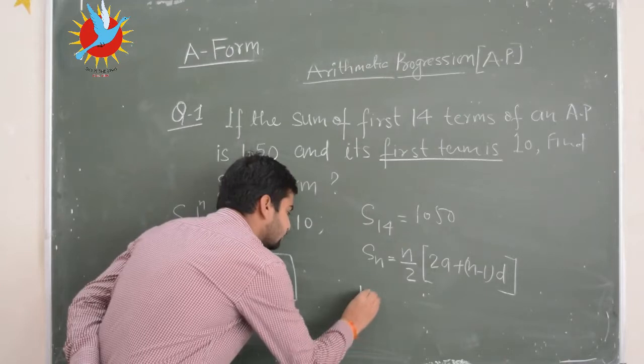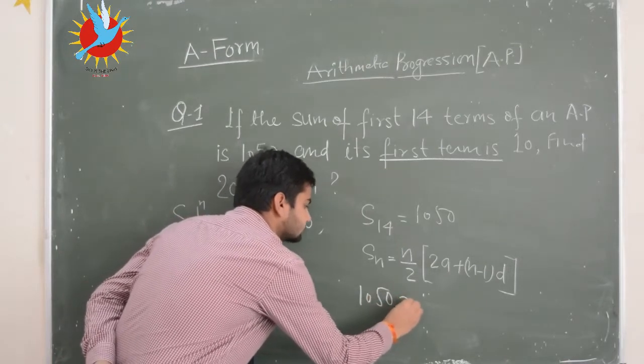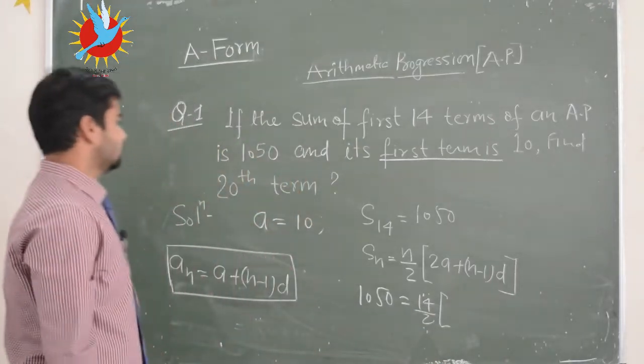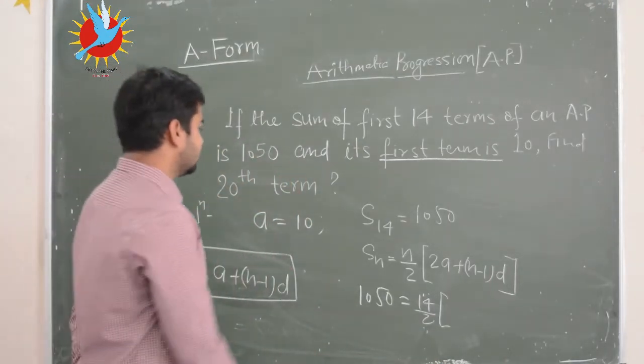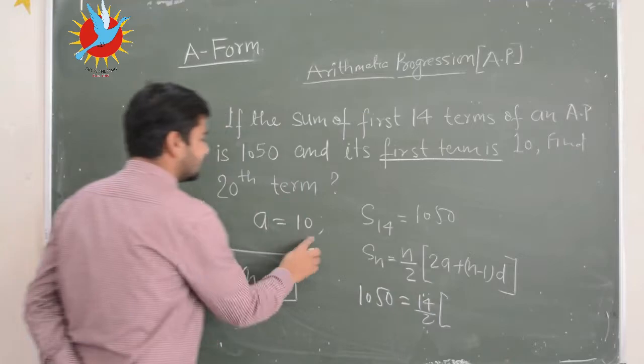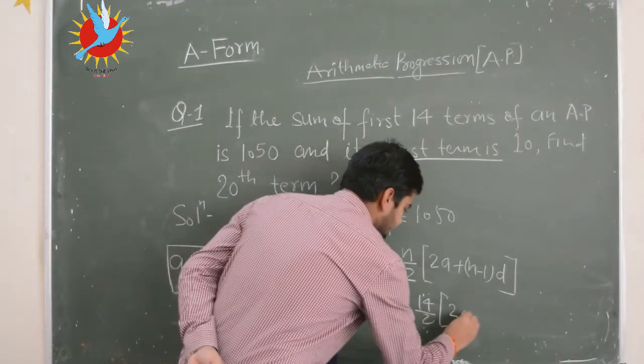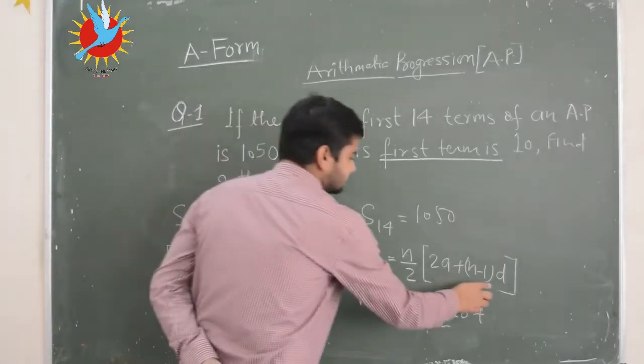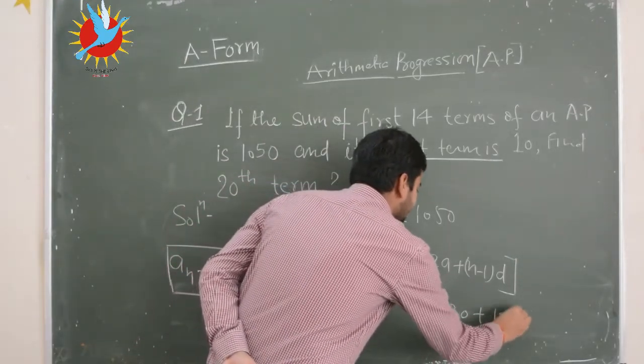So Sn is 1050, n is 14, so 14 by 2 into 2a. 2a means 2 into 10, so it will become 20, and n is 14, so 14 minus 1, that is 13, and d.